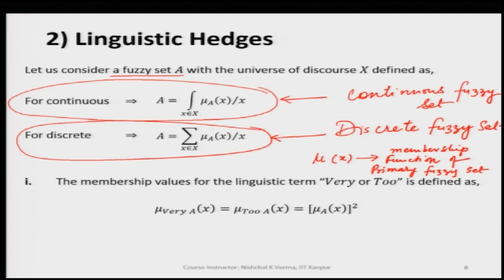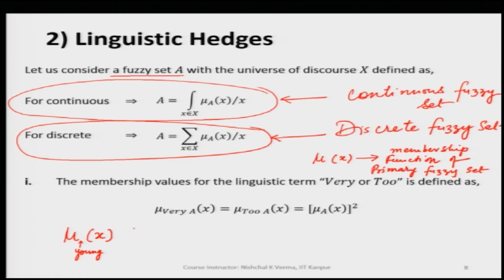So, if we have mu x for a primary fuzzy set, for example, let us say this mu x has been used for young.